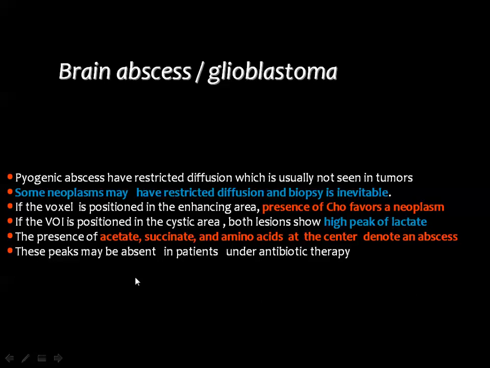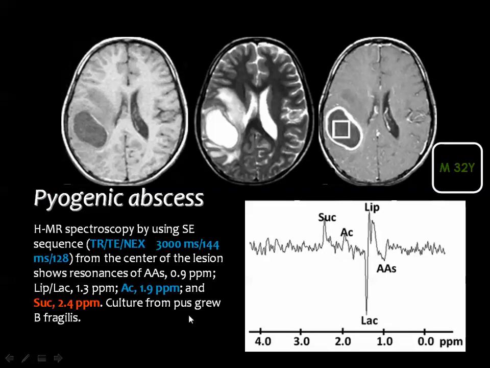But the presence of acetate, succinate, and amino acids at the center of the lesion denotes that you are dealing with an abscess.